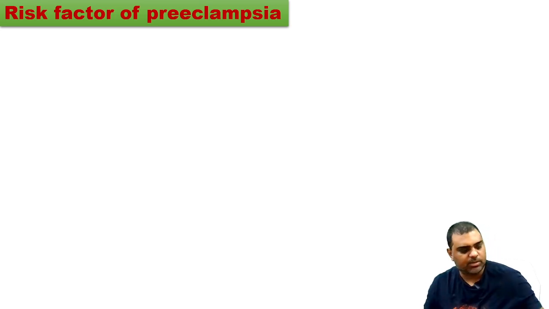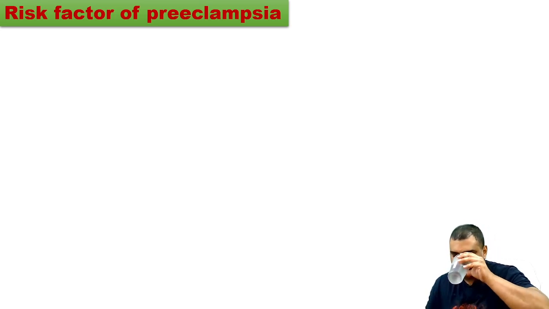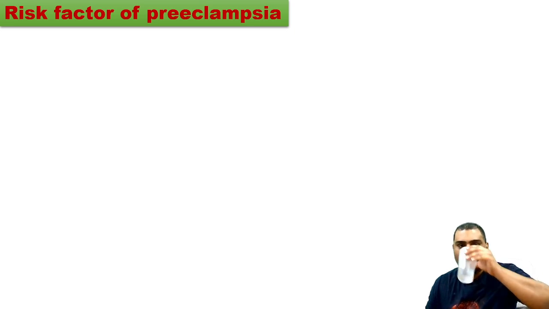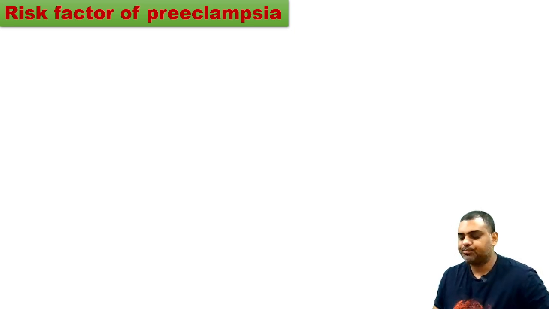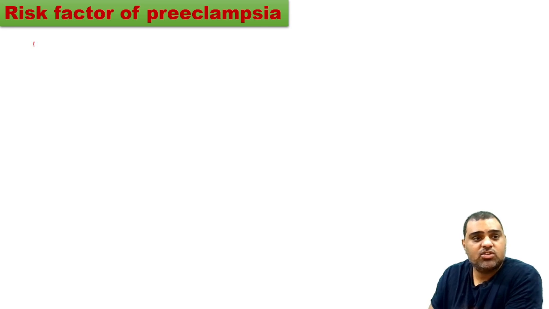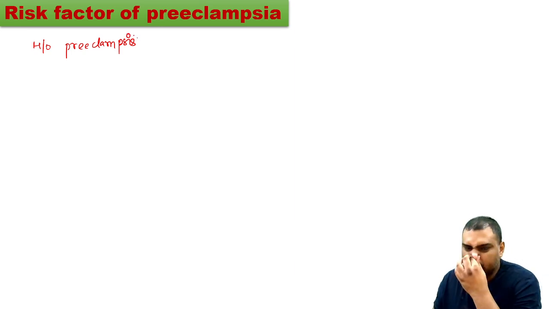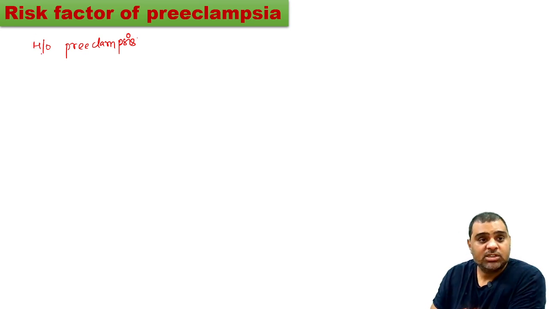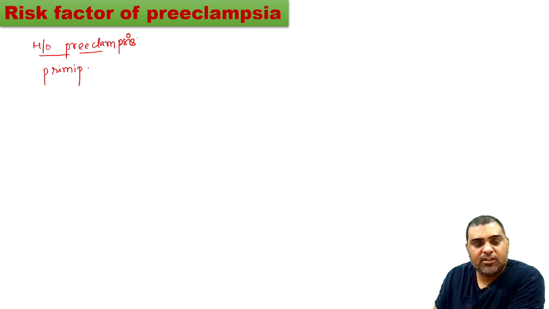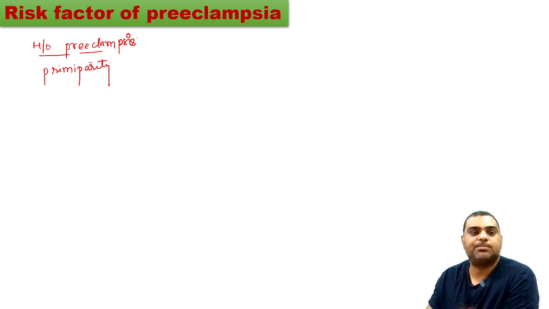Now, what are the risk factors of preeclampsia? History of preeclampsia. If there is a history of preeclampsia, then that is a risk factor. In obstetrics, most things work this way, for example, if you have a history of ectopic, then that is a risk factor. Then primiparity. If the lady is having her first pregnancy, that itself is a risk factor for preeclampsia.